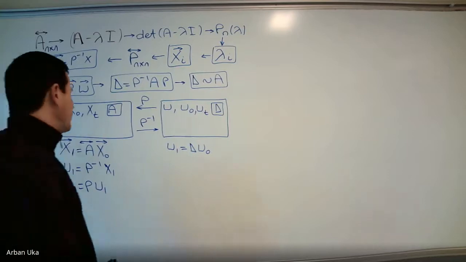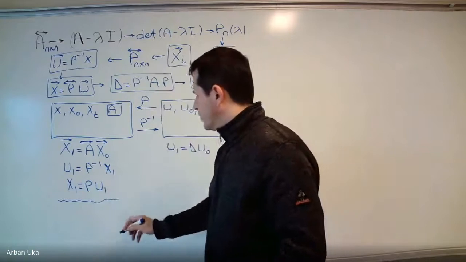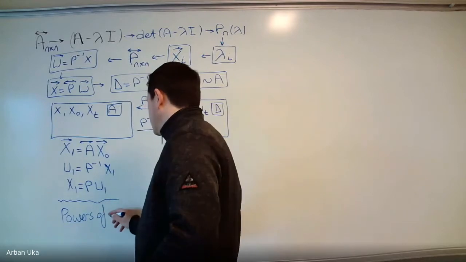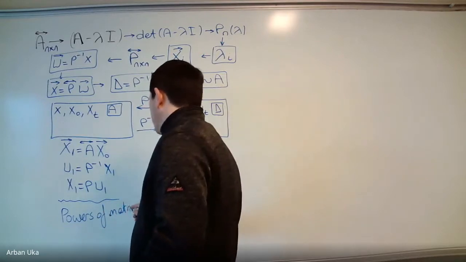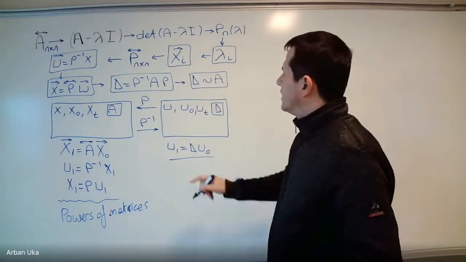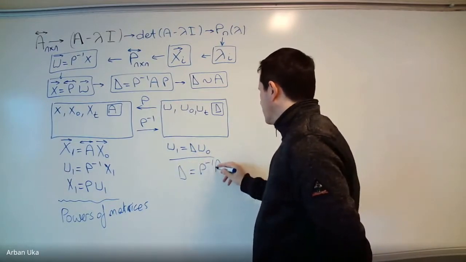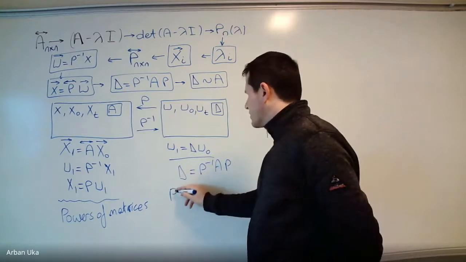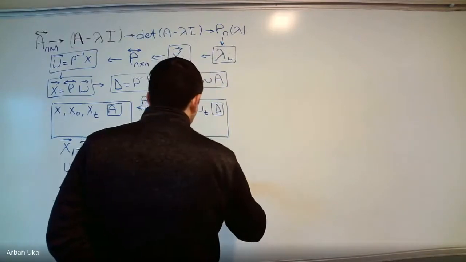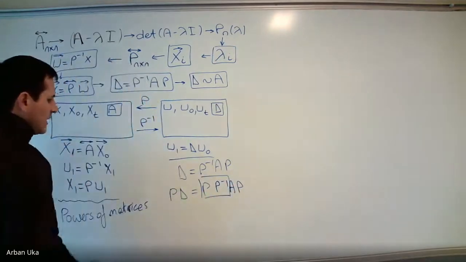Before we go into more advanced applications, I just want to say a few words about the powers of matrices. So the diagonal matrix D is equal to P inverse A P. If we multiply from both sides by P, we get P D equal to P P inverse A P, and P times P inverse gives an identity matrix.